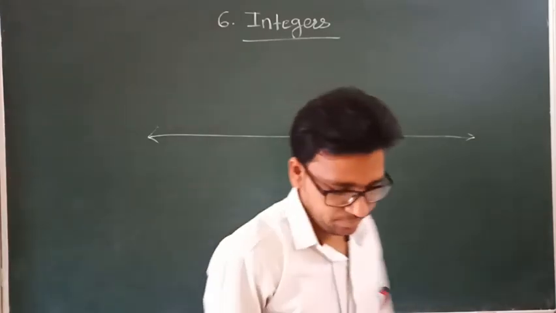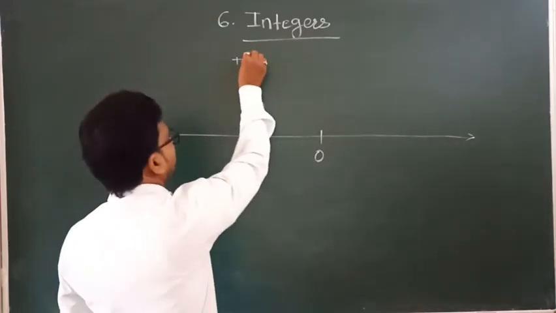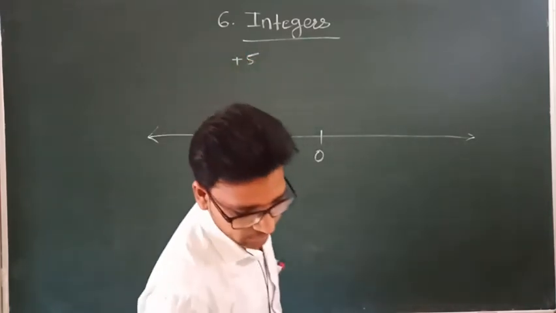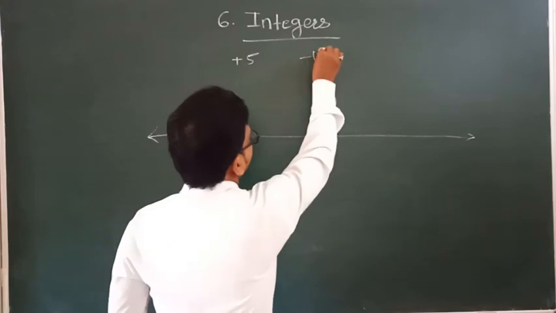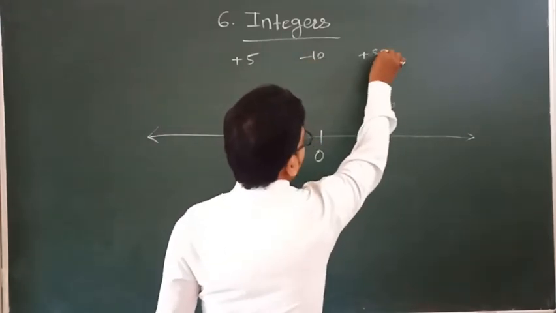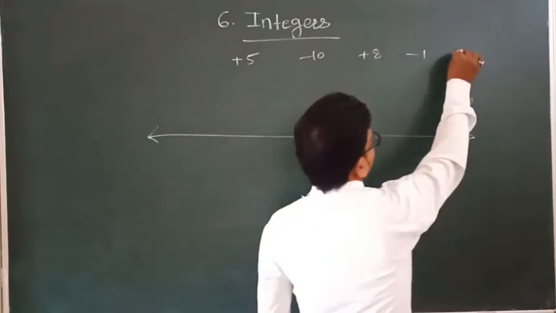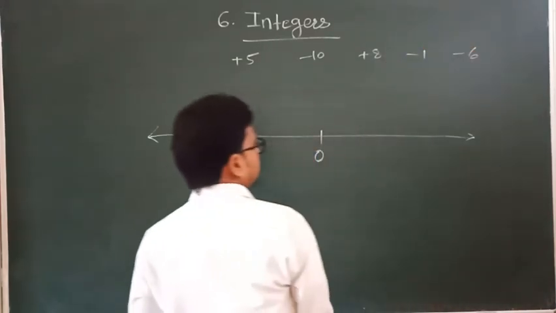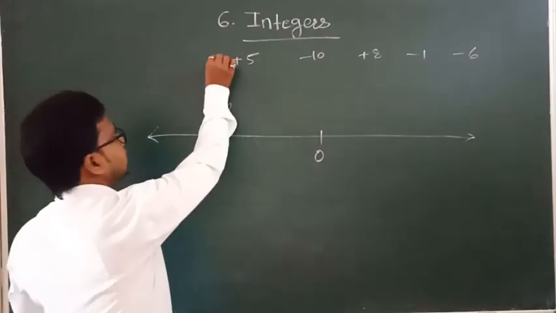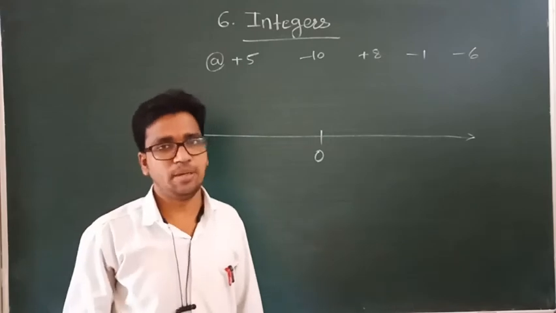Then the numbers are positive 5, negative 10, positive 8, negative 1 and negative 6. For every question you have to draw a different number line.